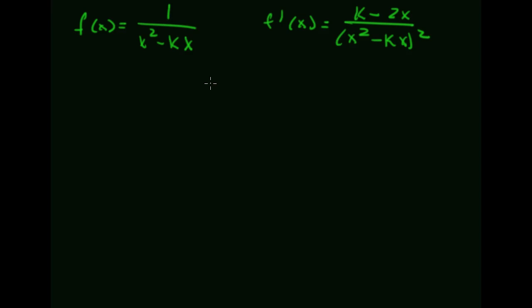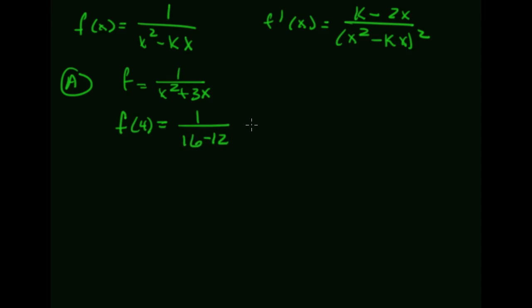Okay. So in part A, they assign the value 3 to k. So that just makes f equal to 1 over x squared plus 3x. And then it asks to write the equation of the line tangent when x is 4. So f of 4 is going to be 1 over 16 minus 12, which is going to be 1 over 4.